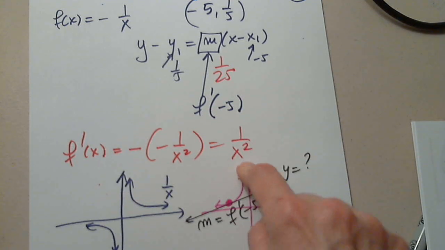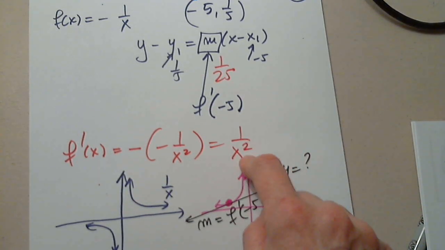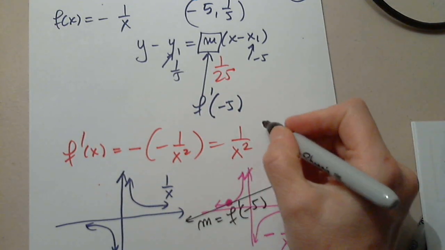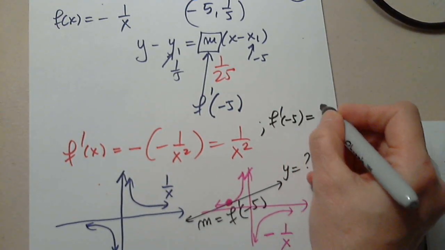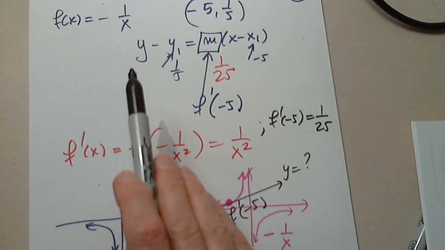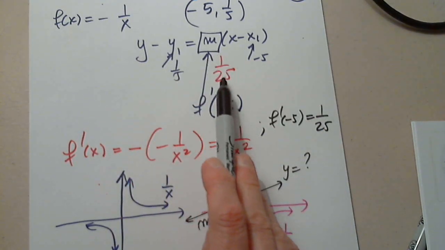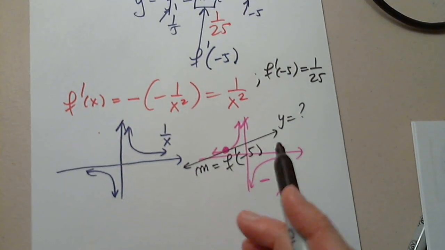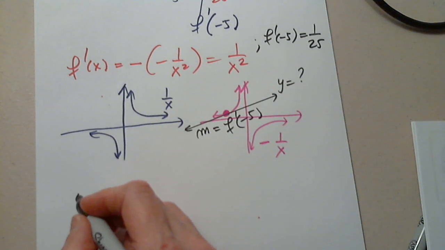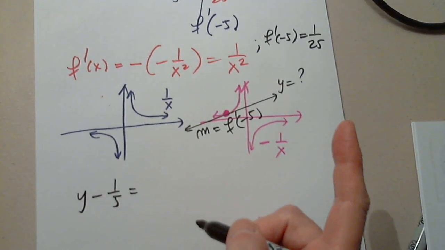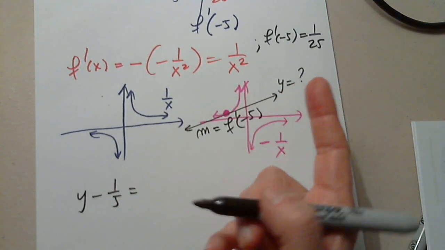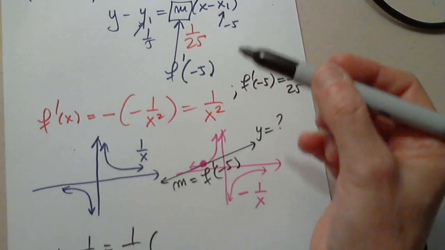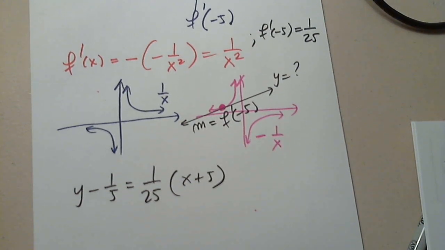1 over 25, so negative 5 squared is 25. Negative 5 times negative 5. So this is 1 over 25. So then f prime of negative 5 equals 1 over 25. So y minus 1/5 equals 1 over 25 times x plus 5. So the equation of this line is y minus 1/5 equals slope 1 over 25, x minus minus, which is x plus 5.